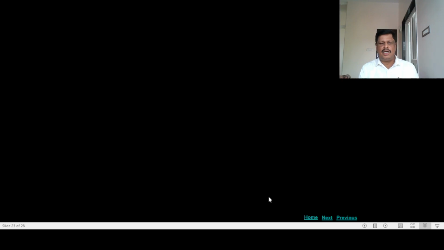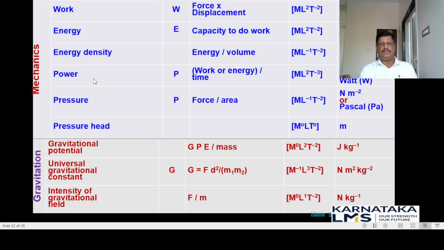Similarly, the dimensional formula for work, symbol W: work is equal to force into displacement. So M L^2 T^-2 is the dimensional formula, and kg meter square per second square, or joule, is the SI unit.